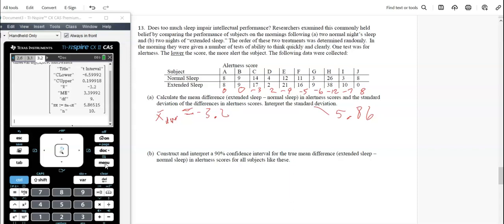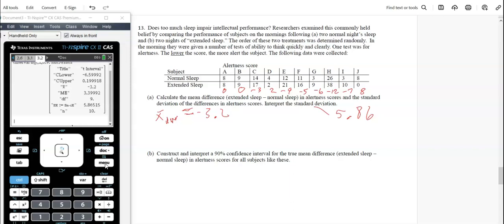So I guess you want a higher score. So ooh, it's negative, which means extended sleep would be a higher score, right? So negative numbers indicate extended sleep is better. So maybe it does help us, I guess. But we're going to do the interval and see.